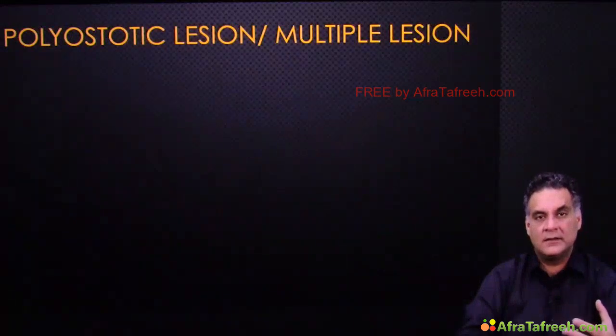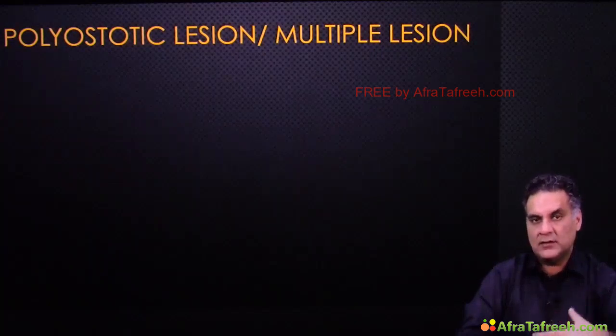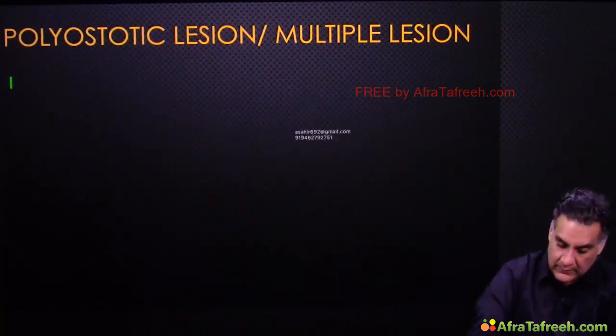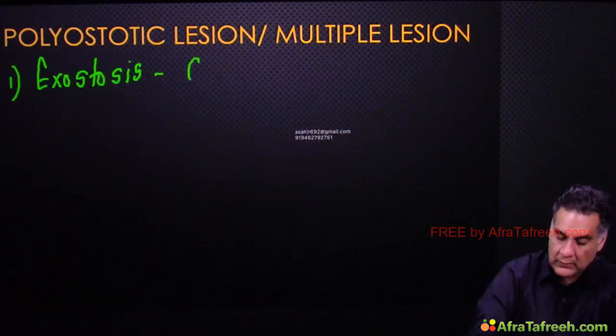Polyostotic lesions means involving multiple bones. So when we talk about polyostotic lesions or the tumors involving the multiple bones, we must remember first names. Number 1, exostosis, also called as osteochondromas.